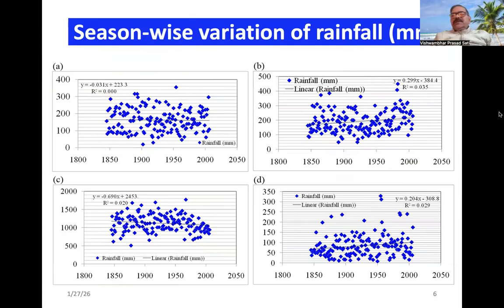We have also analyzed the season-wise variation of rainfall in these three states. The first 3 months, January, February, and March, are actually known for the precipitation from the western disturbances. But now the trend is decreasing with high variability.